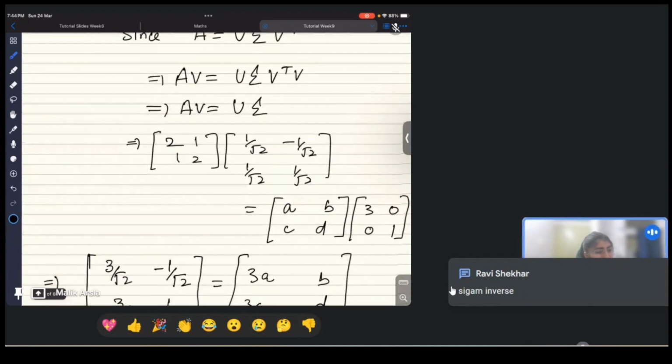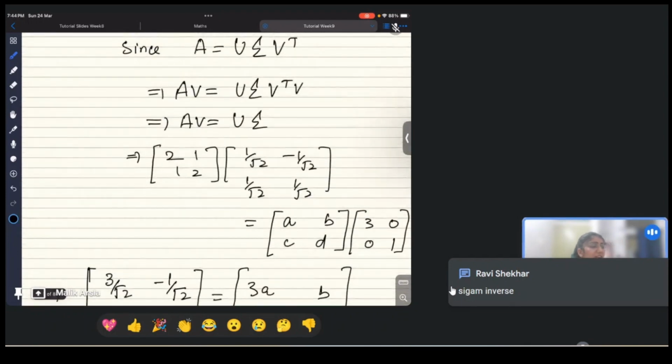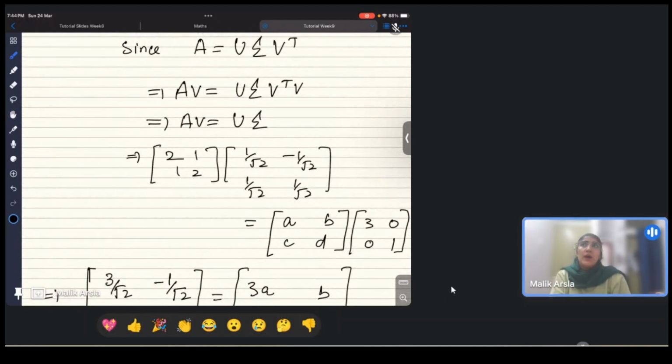Sigma with sigma inverse? No, see, that is not the purpose here. Most of the time, sigma is not going to be a square matrix, and you cannot find the inverse of a rectangular matrix, right? That is the purpose of SVD. Because A here, in this question, is given as a 2 cross 2 matrix, but A might not be a square matrix.